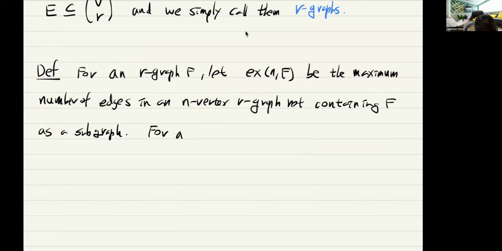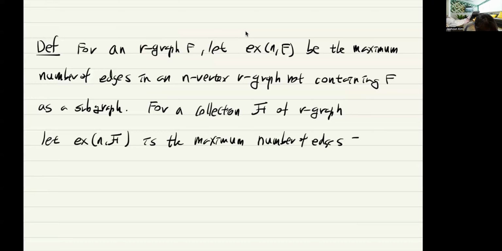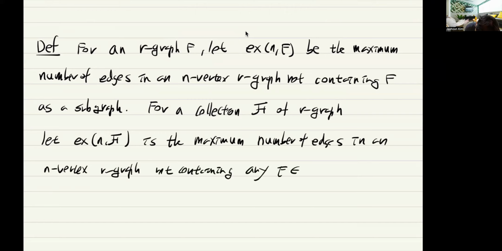And moreover, if you have more than one graph, if you have a collection of r-graphs, so calligraphic F is a collection, then we say that the extremal number of this collection is the maximum number of edges in an n vertex r-graph that does not contain any copy of any graph F in this calligraphic F as a subgraph.